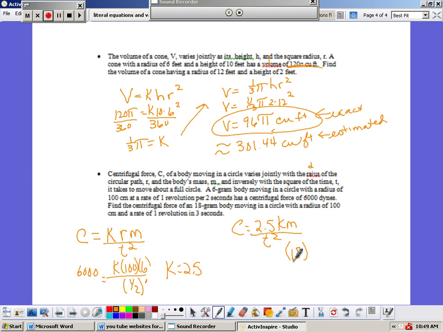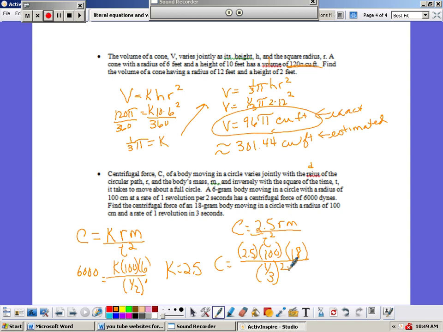18 times 2.5 times Rm over T squared. 18 is my mass. Circle 100. 2.5 C over 1/3 squared. When I did it, I knew it didn't make sense, so I knew there had to be a mistake somewhere.